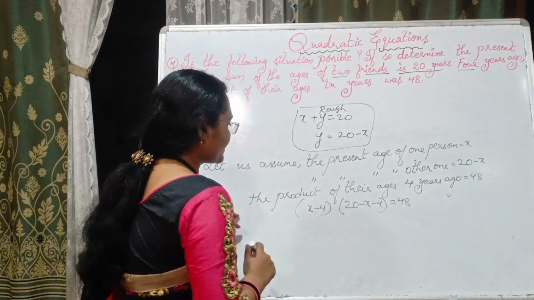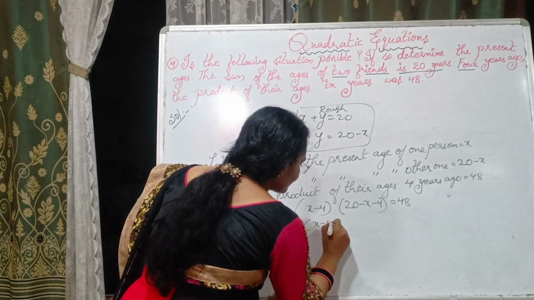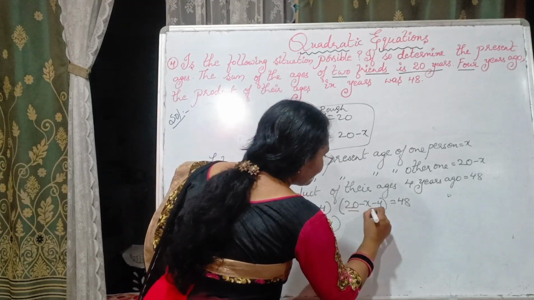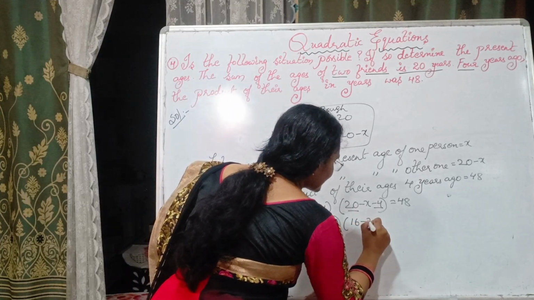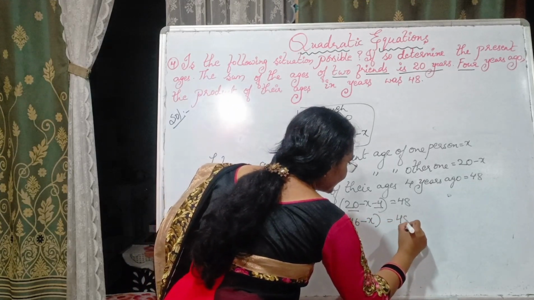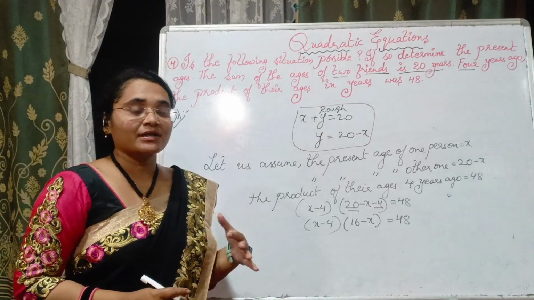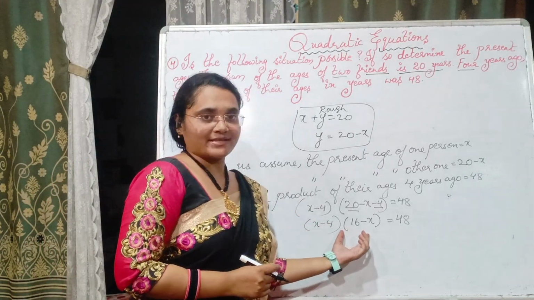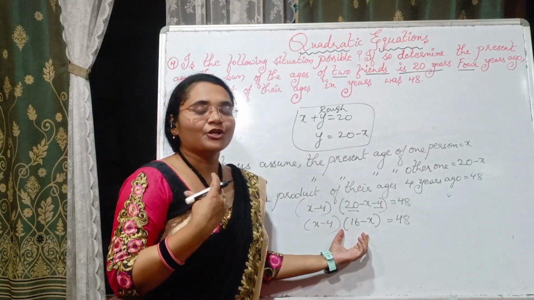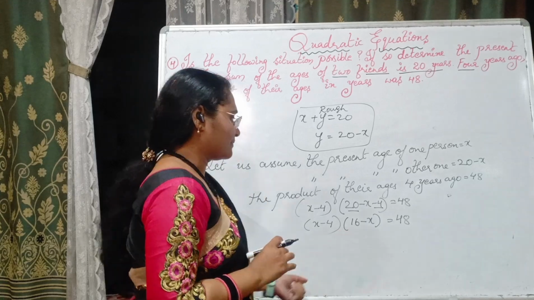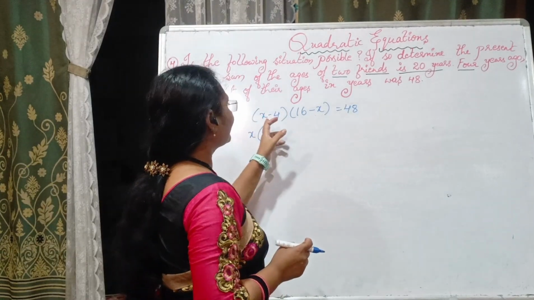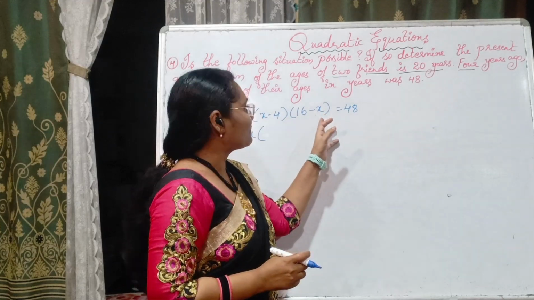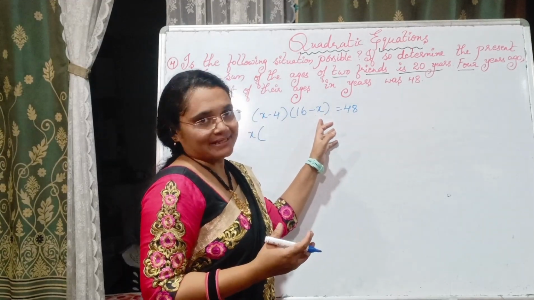Now I can write (x minus 4) into (20 minus 4), which becomes 16, so (x minus 4) into (16 minus x) is equal to 48. Now you should multiply these two expressions to obtain a quadratic equation. Multiply each term of one bracket with the other bracket separately.